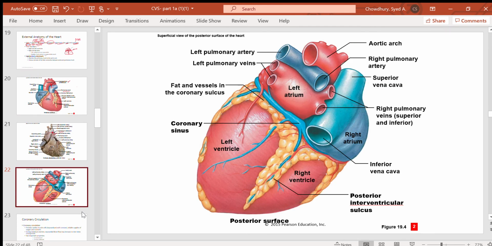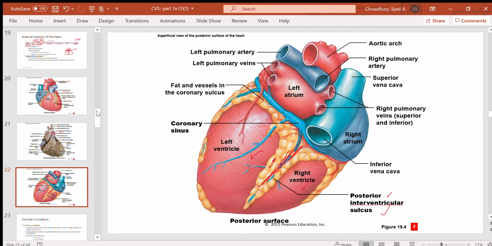Now you see, this is the back of the heart, right? So in the back, you see again posterior interventricular sulcus, left ventricle, right ventricle, where you have fat, as I mentioned before, as well as the artery. That's the posterior interventricular artery, and also a vein.